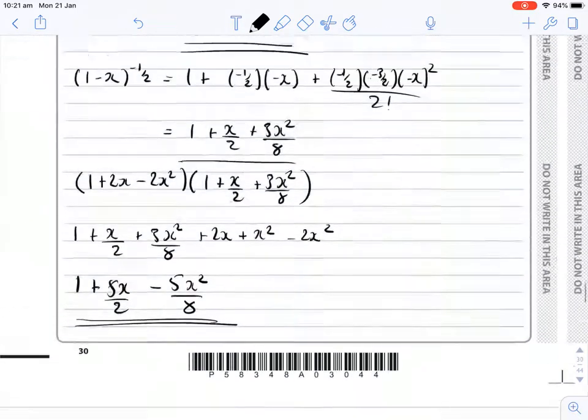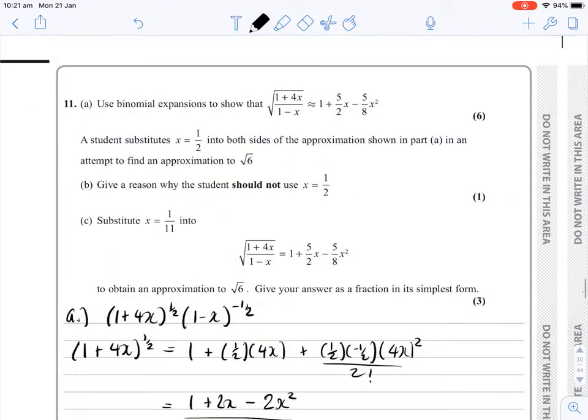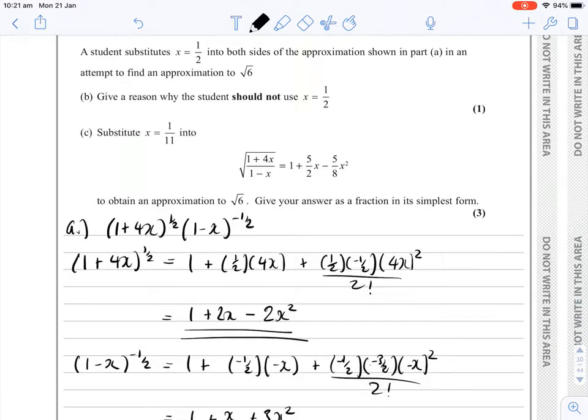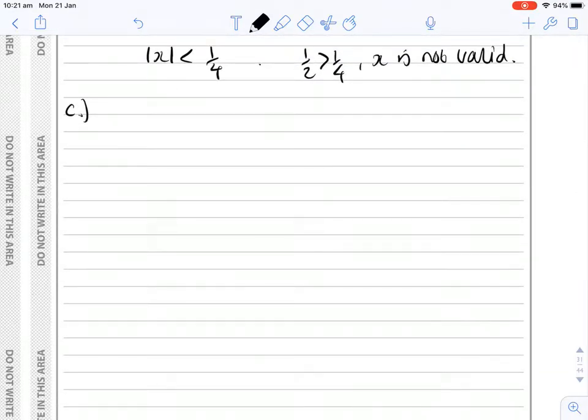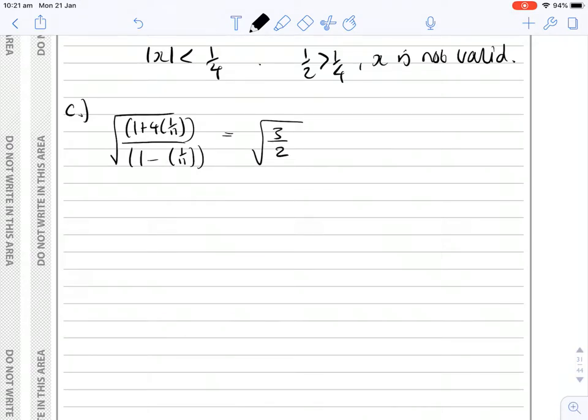For part C, substitute x equals 1/11 into that to obtain an approximation for root 6. Give your answer as a fraction in its simplest form. So our first substitution is going to be 1 + 4 lots of 1/11 over 1 - 1/11. And so that will give us root 3 over 2.